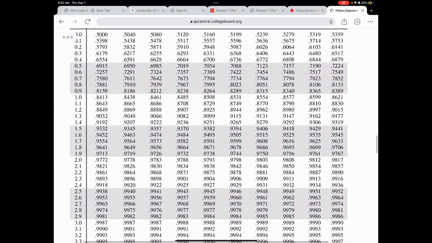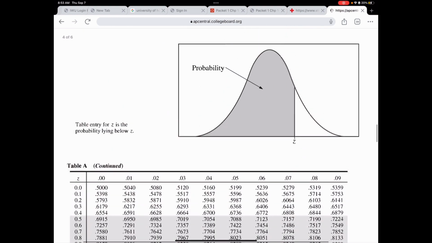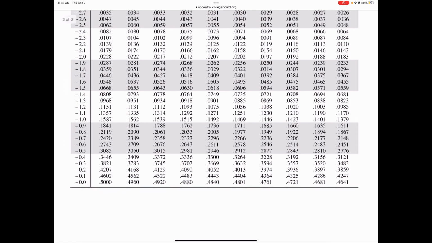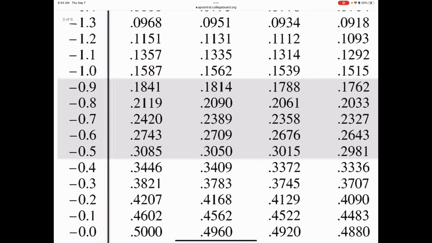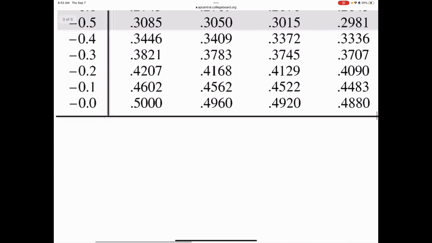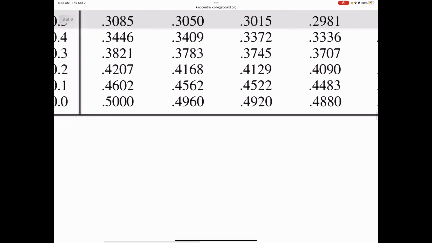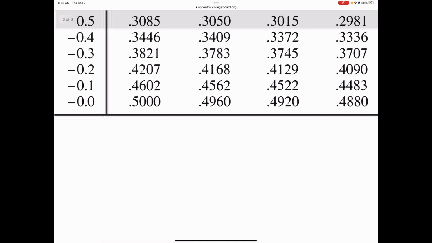Okay, now let's go opposite. What's my z-score of 30%? You're going to go find on the chart as close to 30% as you can. 30% is about right there. You might have been able to find something a little closer, but this is pretty good, the third one out.